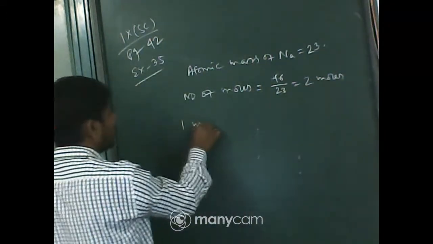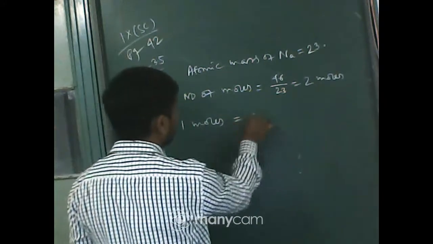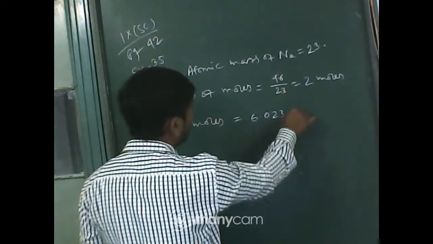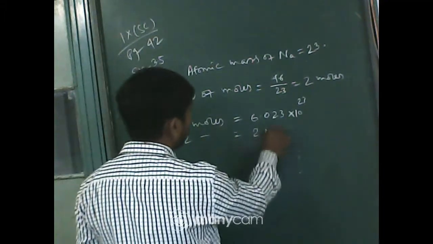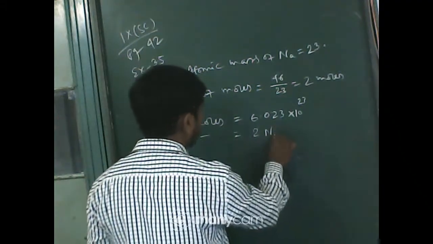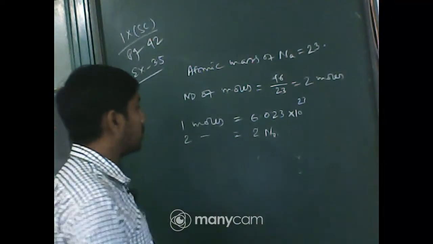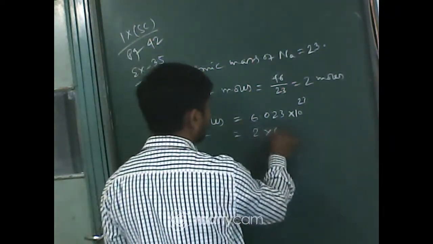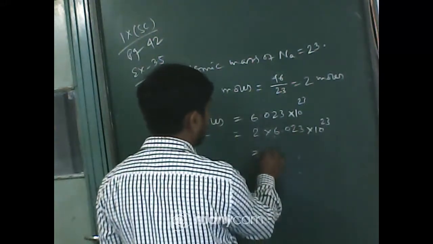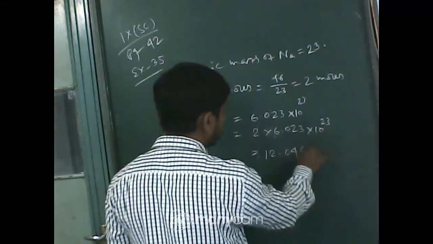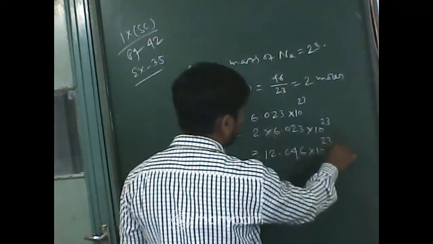So, 1 mole is equal to 6.023 into 10 to the power 23. So, 2 moles, that is equal to 2 into Na or N0, 2 into 6.023 into 10 to the power 23, that is 12.046 into 10 to the power 23 number of particles.